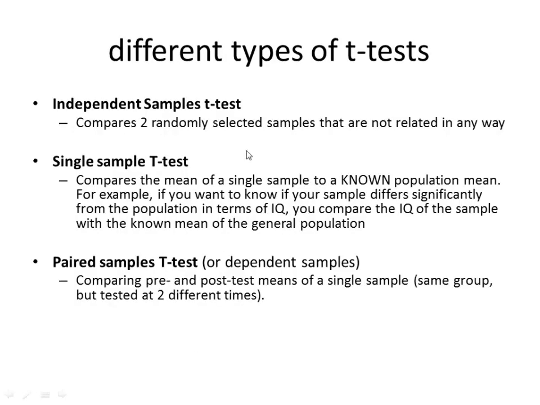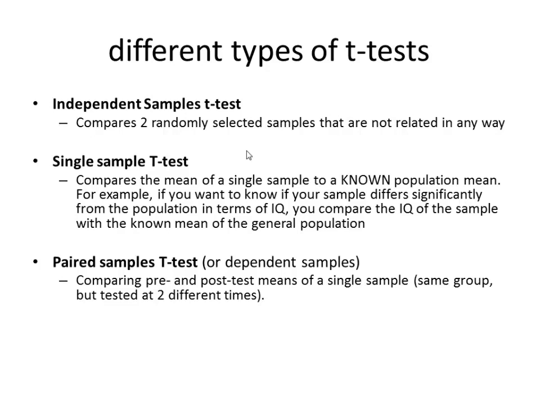So I said that there are different types of t-tests. The independent samples t-test compares 2 randomly selected samples that are not related in any way. Then you would use an independent samples t-test. You'll also see a single sample t-test, where you compare the mean of a single sample to a known population mean.